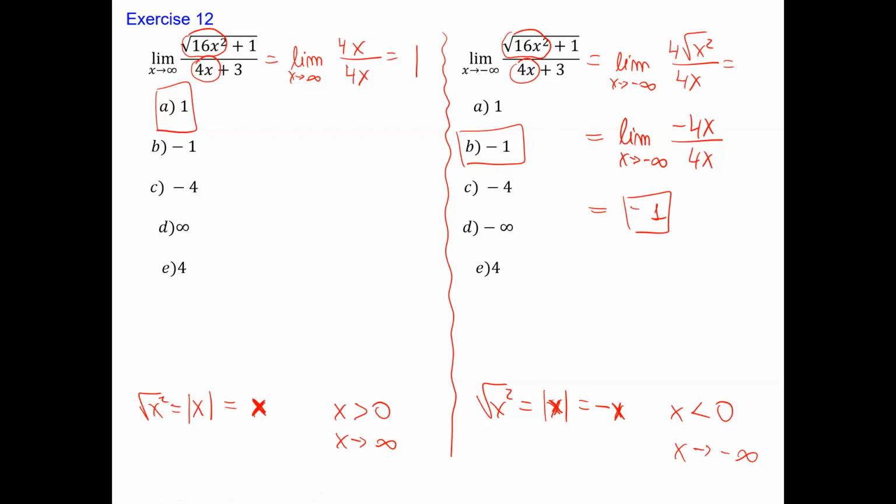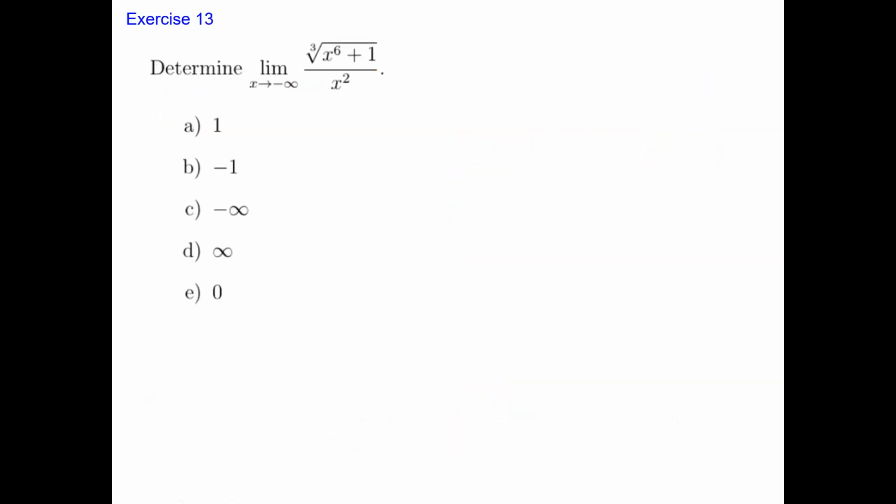Okay, let's look at the next limit. Okay, this limit is at negative infinity, but we do not have even root, we have cube root. But also, with limits at infinity, we have to focus on the leading terms. But in general, before we start simplifying, let's look at the sign.